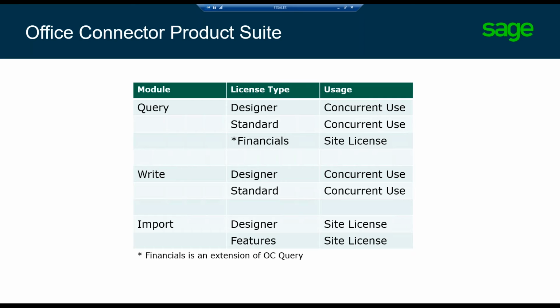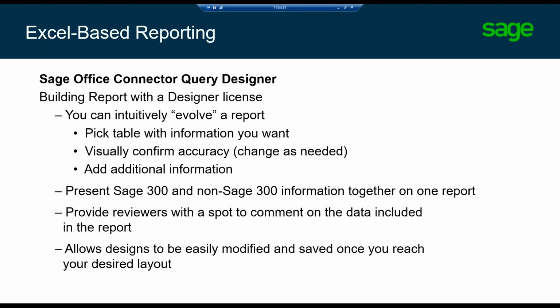What the import capability does is create properly formatted import files for Sage, but it allows you to work with the data in Excel the way you might want. There's a designer license that has all the features, or individual features, like importing an invoice to accounts payable. That's a feature. Job cost estimates is a feature. Direct cost would be a separate one. We'll talk about all those more when we're actually showing you the technology.